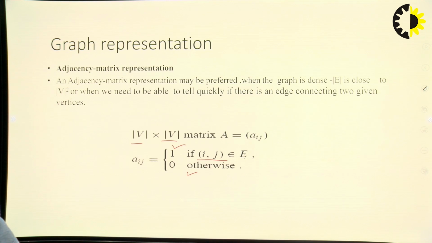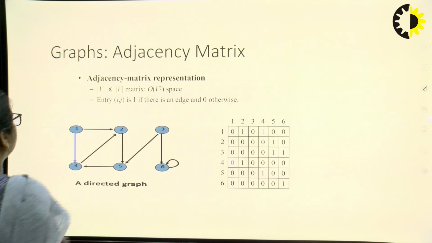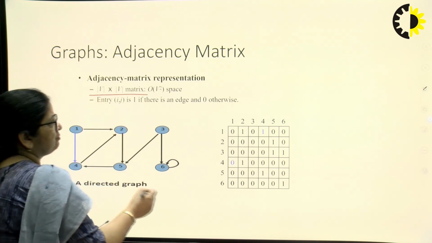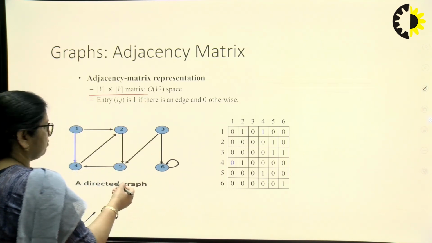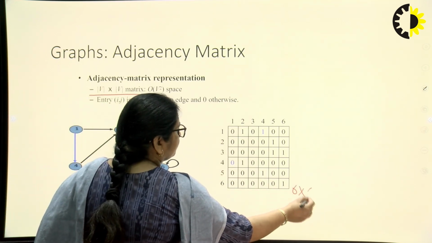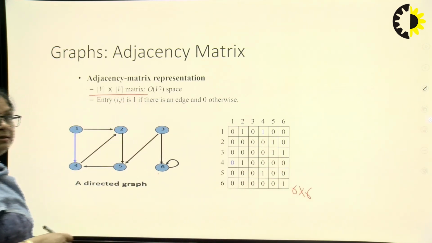So now let us understand with an example. This is our example. Here I am having a V cross V matrix. How many vertices are there? 6. So I am having a 6 by 6 matrix.